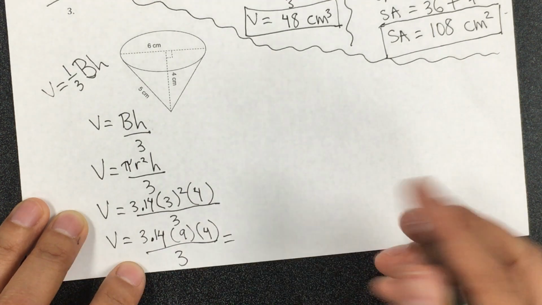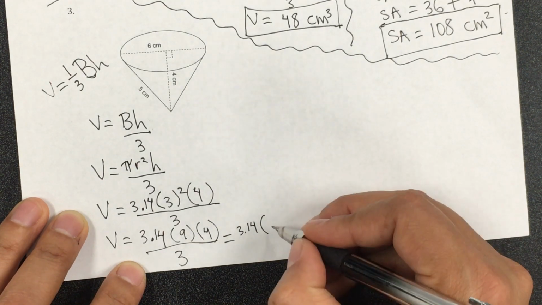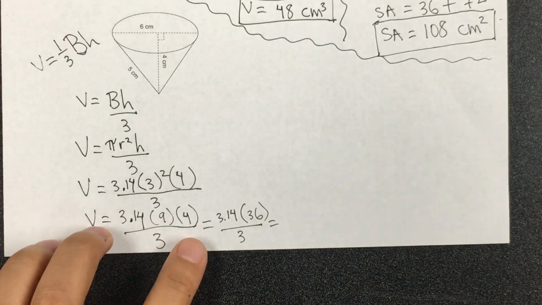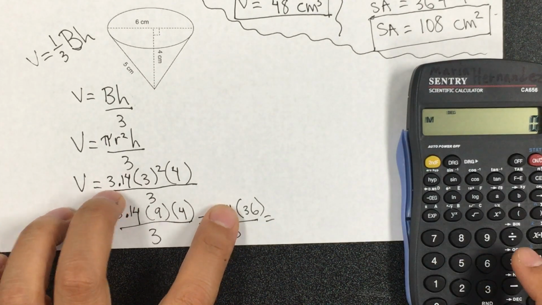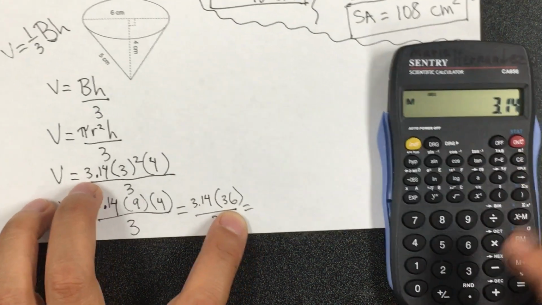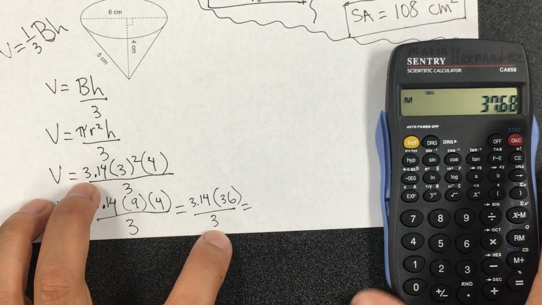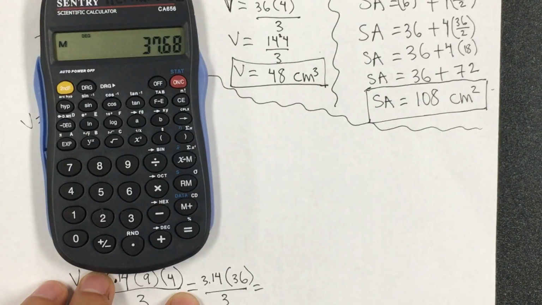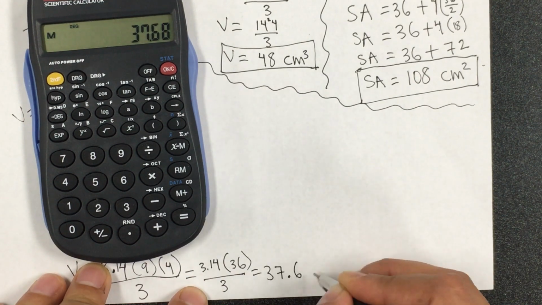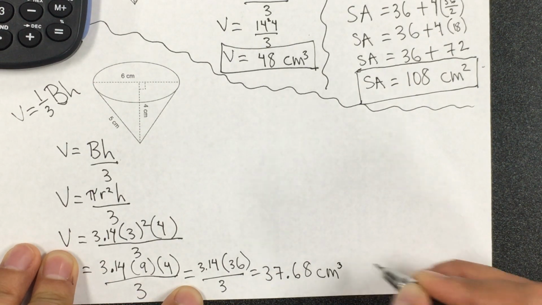In here, I'm just going to go sideways: 3.14 times 4 times 9 is 36 divided by 3. And so we put 3.14 times 36 divided by 3, and the volume is 37.68. Remember, volume is always cubed, so cubic centimeters.